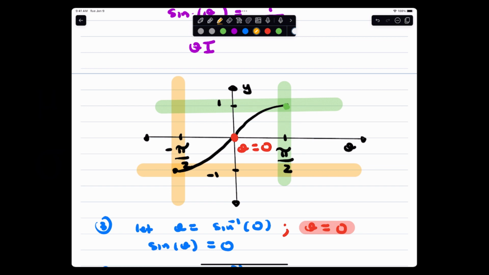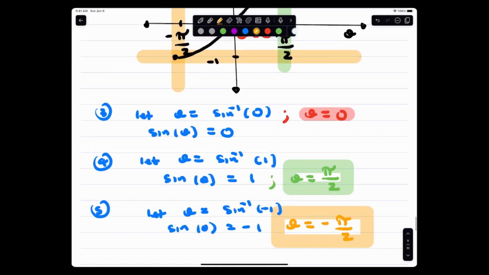Okay, you guys okay with that? Easy peasy lemon squeezy. Okay. 3, 4, 5.